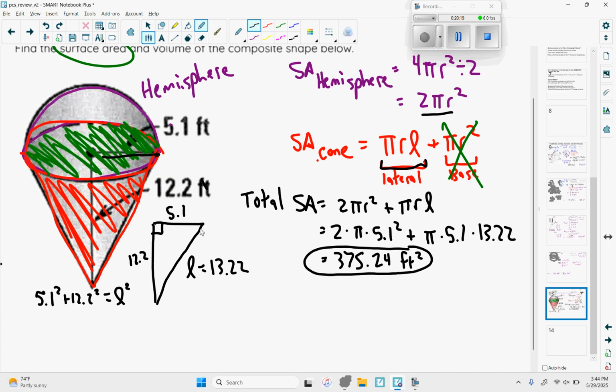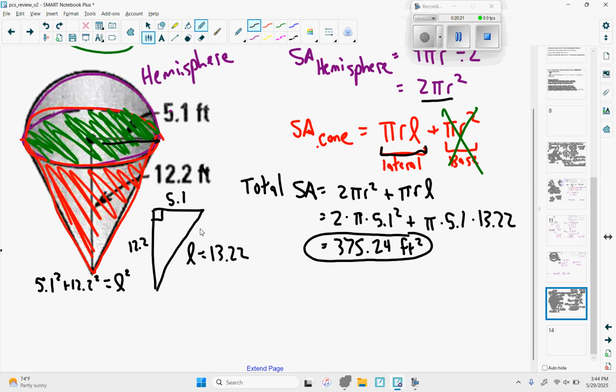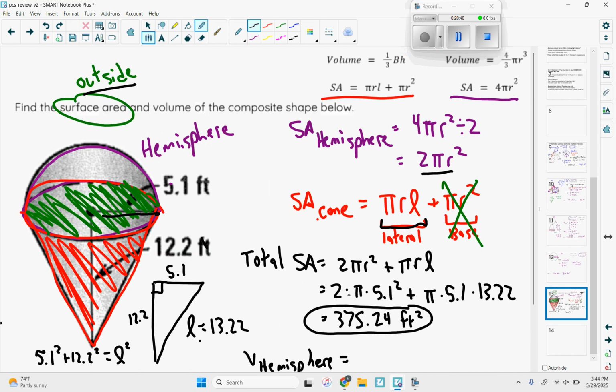Let's go to volume now. So here, volume is a little bit easier. Volume is going to be the hemisphere plus the cone. So let me do volume of the hemisphere first. Volume of the hemisphere is this formula here, and it's a hemisphere, so we're going to take half of that.